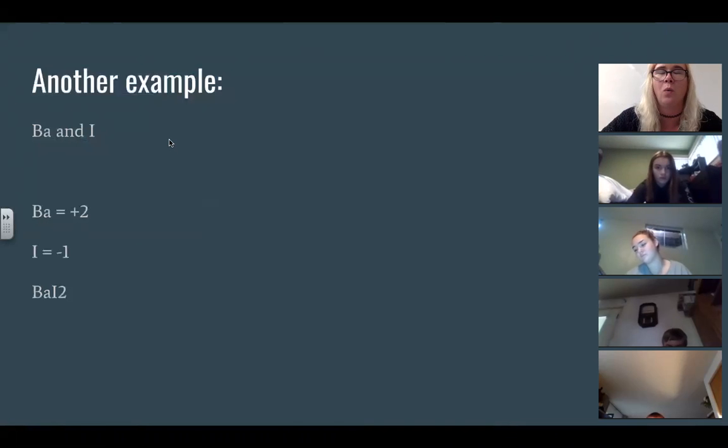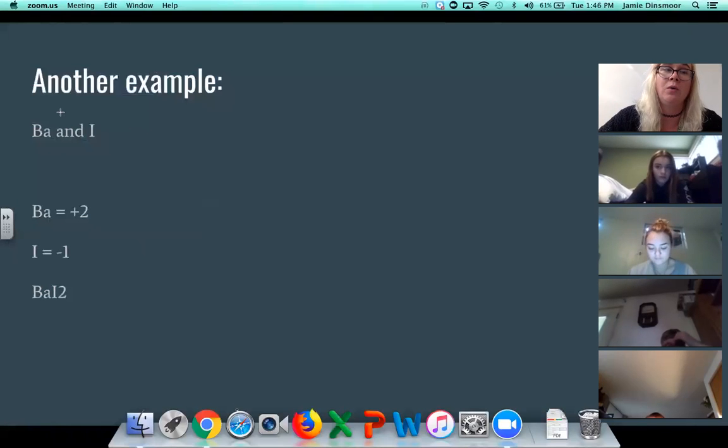Other people are like, what are you talking about? You can always do a Lewis dot structure, where you would actually draw your valence electrons. For example, you would draw 2 valence electrons on barium, and on iodine, you would draw 7.